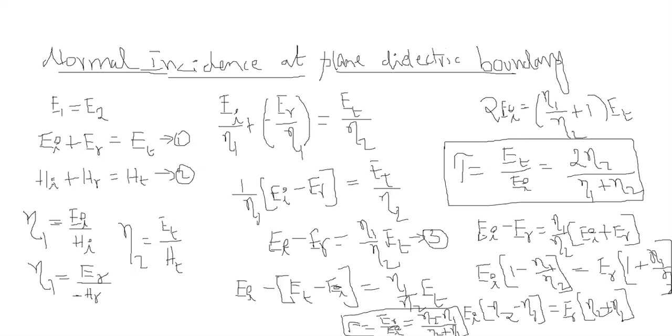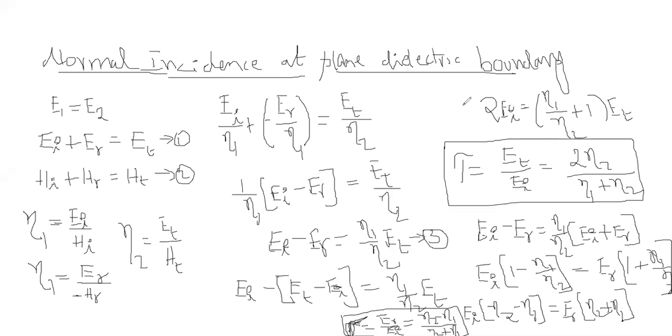And the reflection coefficient gamma is equal to ER by EI. The formula in terms of intrinsic impedance is eta 2 minus eta 1 by eta 2 plus eta 1. Both the transmission and reflection coefficients have the same denominator, but the numerator for the reflection is eta 2 minus eta 1, and for transmission it is 2 times eta 2.